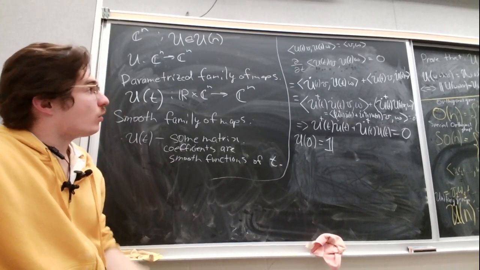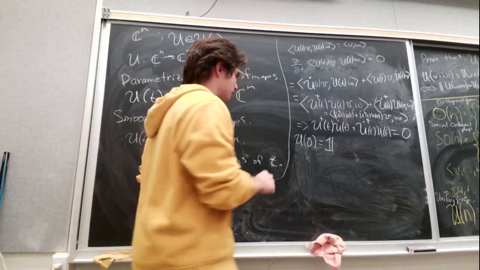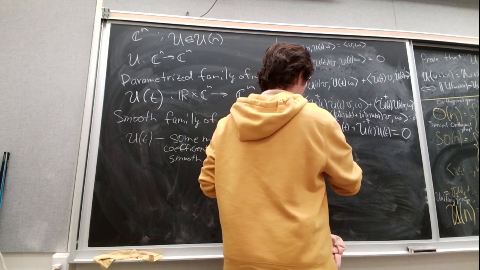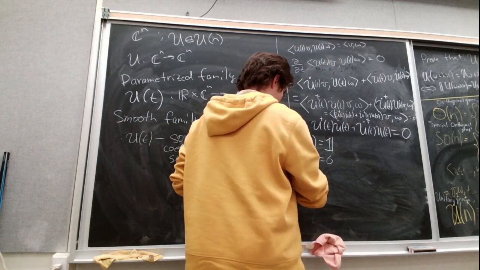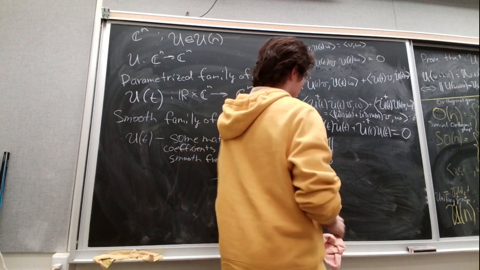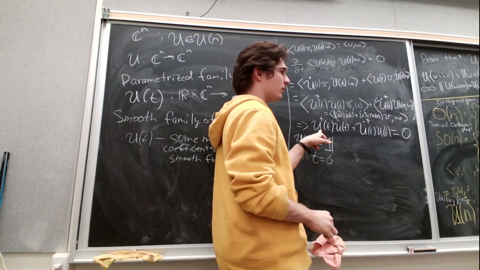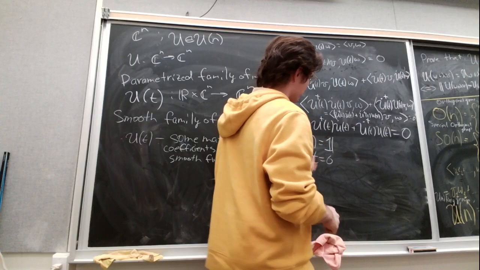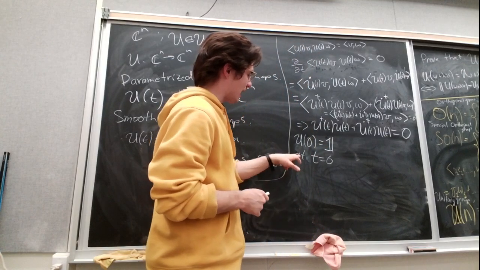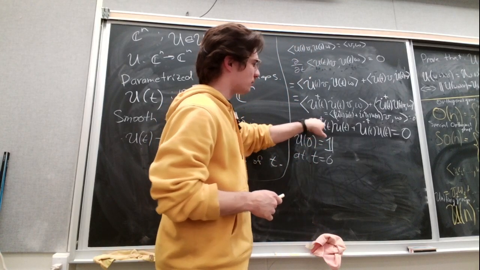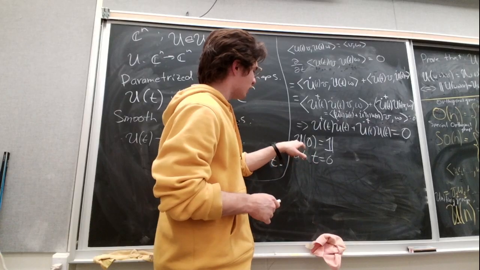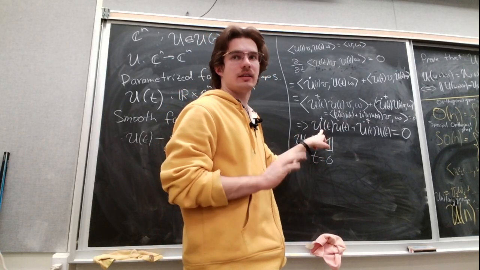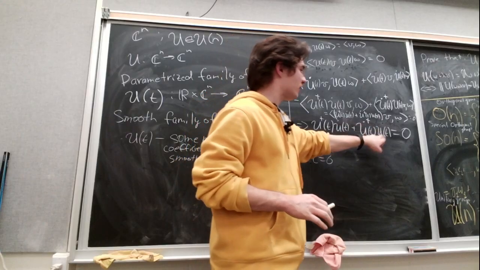Okay, so then I get that at t equals 0, I just plug in t equals 0 into this expression. U of 0 I said is the identity, so the dagger of an identity is still the identity.